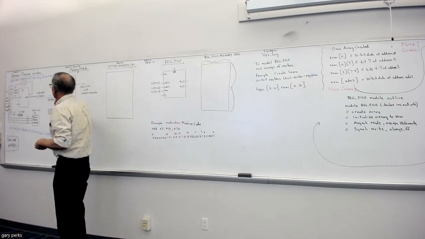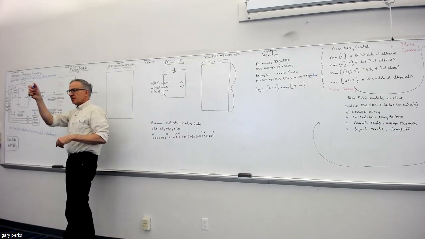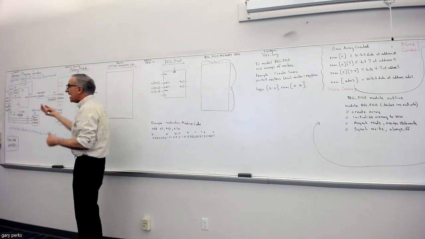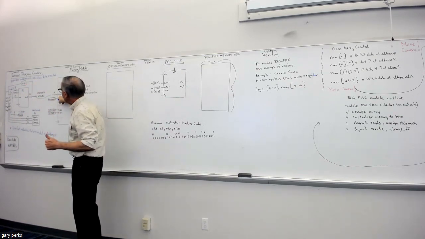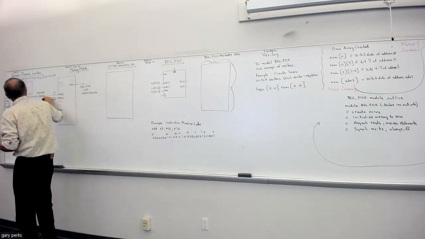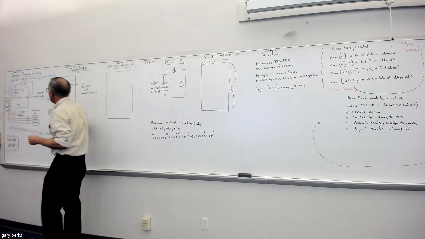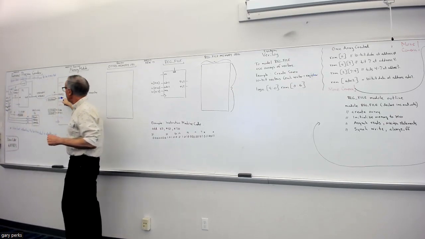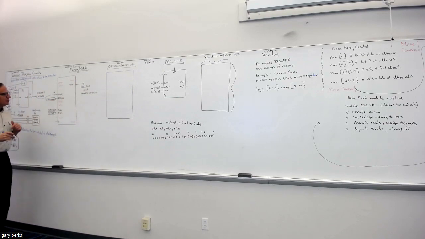And in order to get that instruction that's at this address to the output of this memory module, you have to do 2 things. You have to make this read enable 1 equal to a 1 because it's active high. And also this read enable is synchronous.